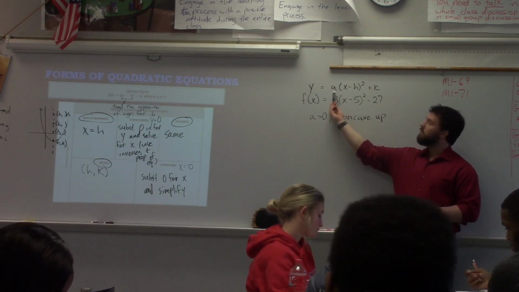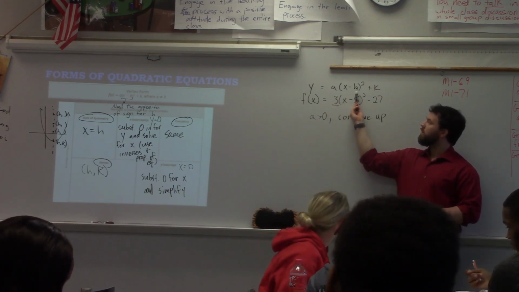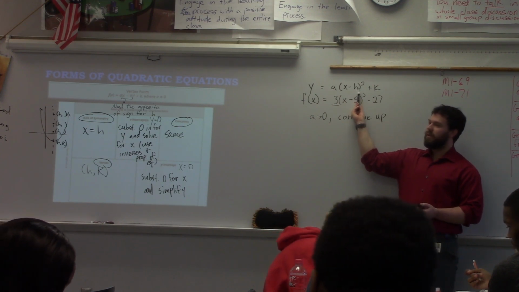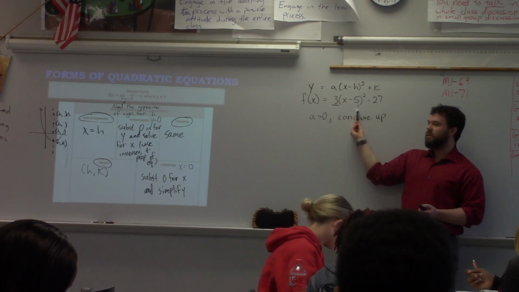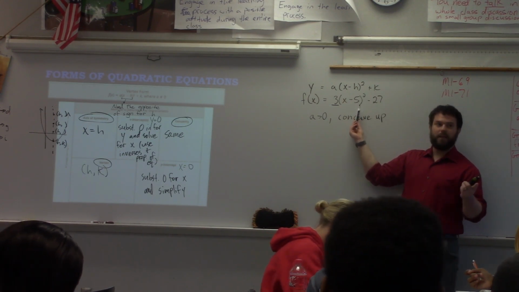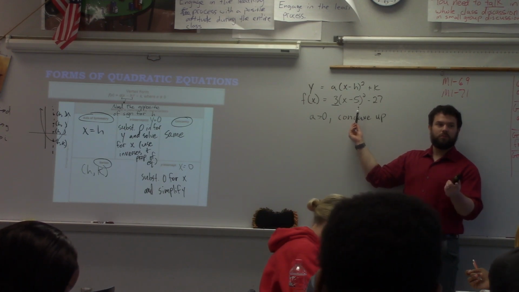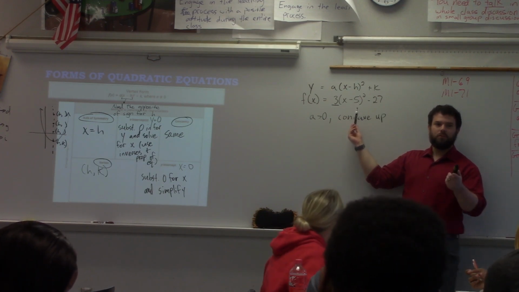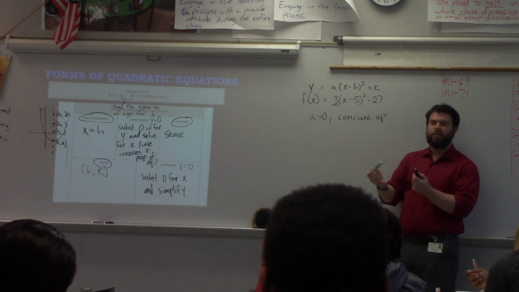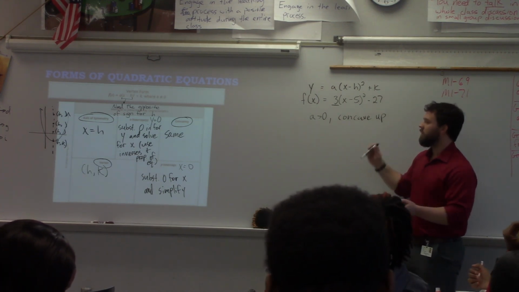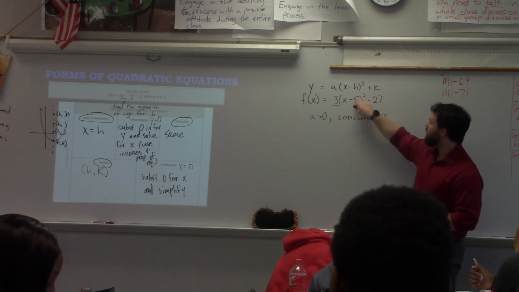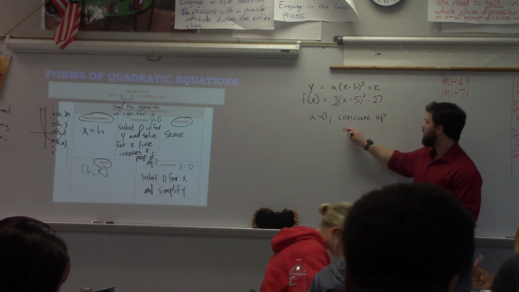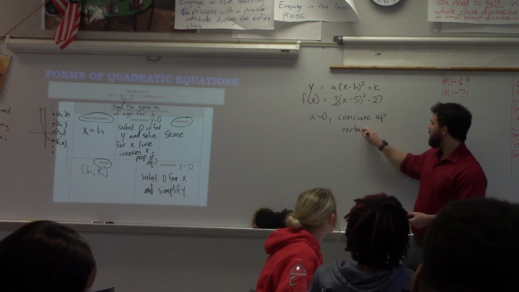It's part of the vertex. Come on. What is the H? What lines up with the H in the equation? So -5, is that my H? I need the, what's the mathematical word there? Opposite. So remember that these negatives are the same. So H is just that +5. So vertex is +5.